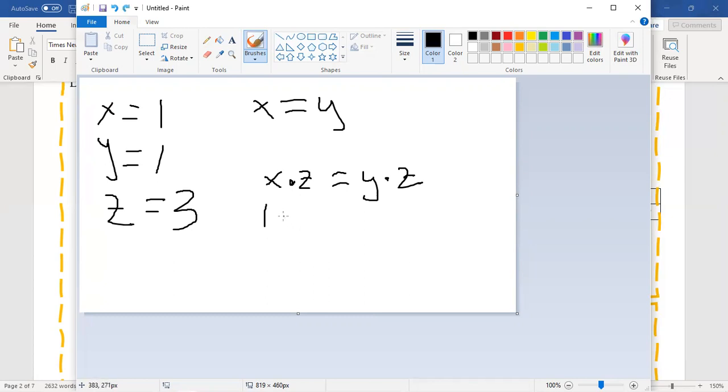Wait, let's use this one. Let's just use x because it's clearer. Ay, close parenthesis. They are just the same.